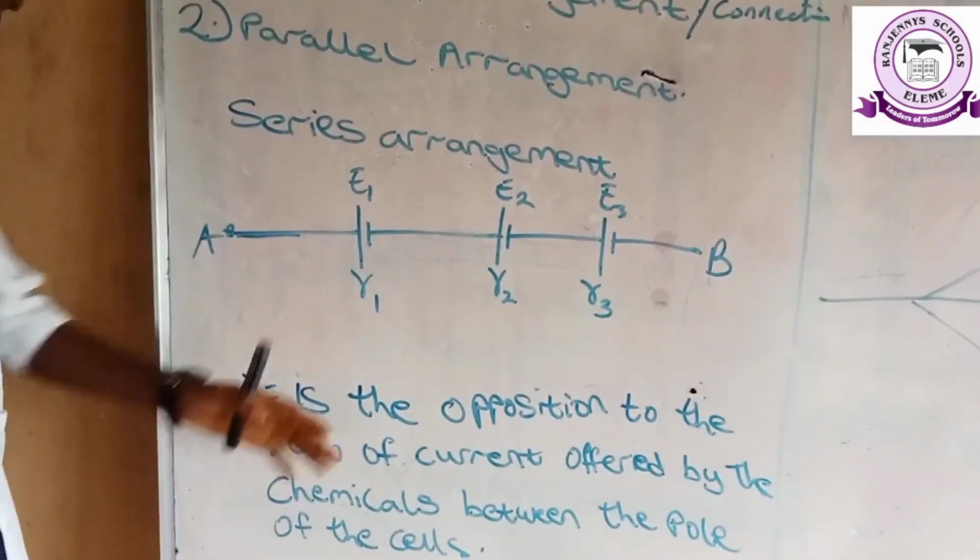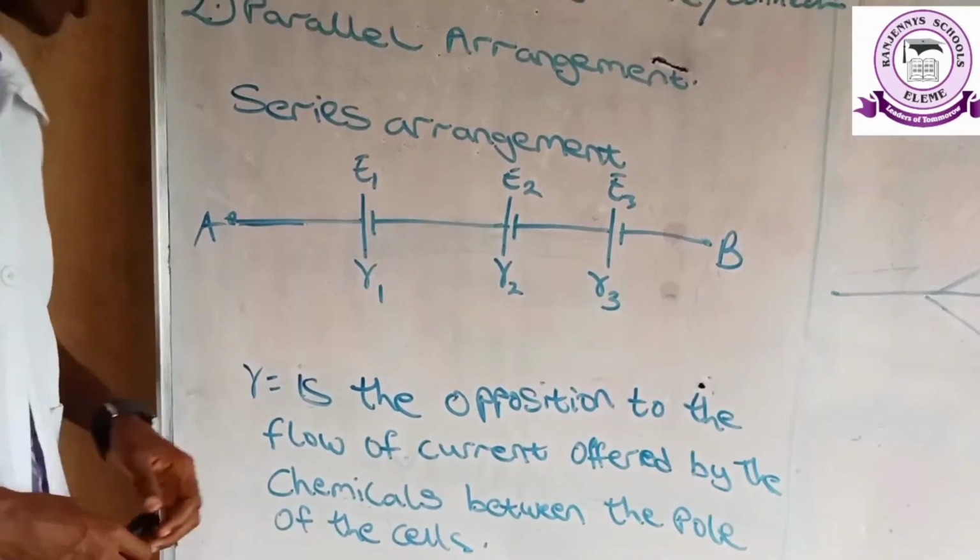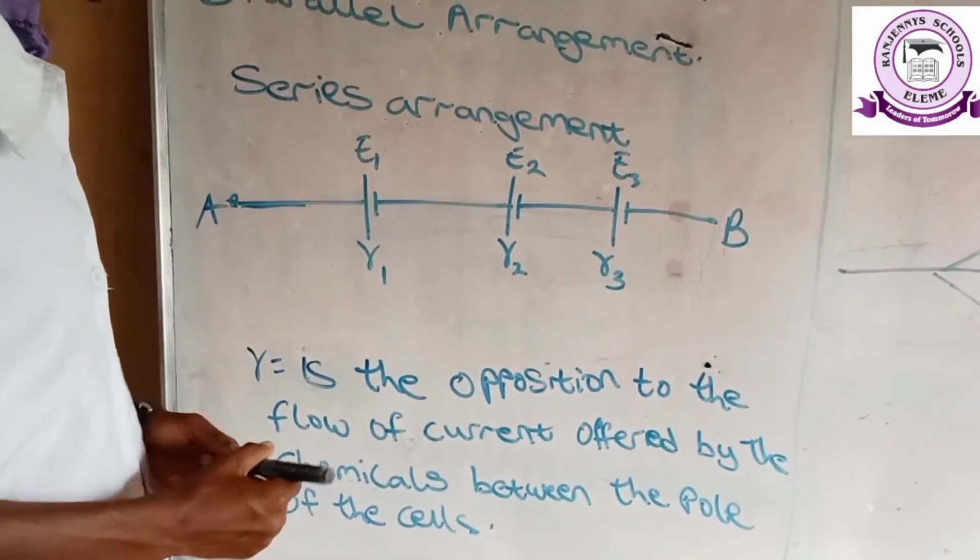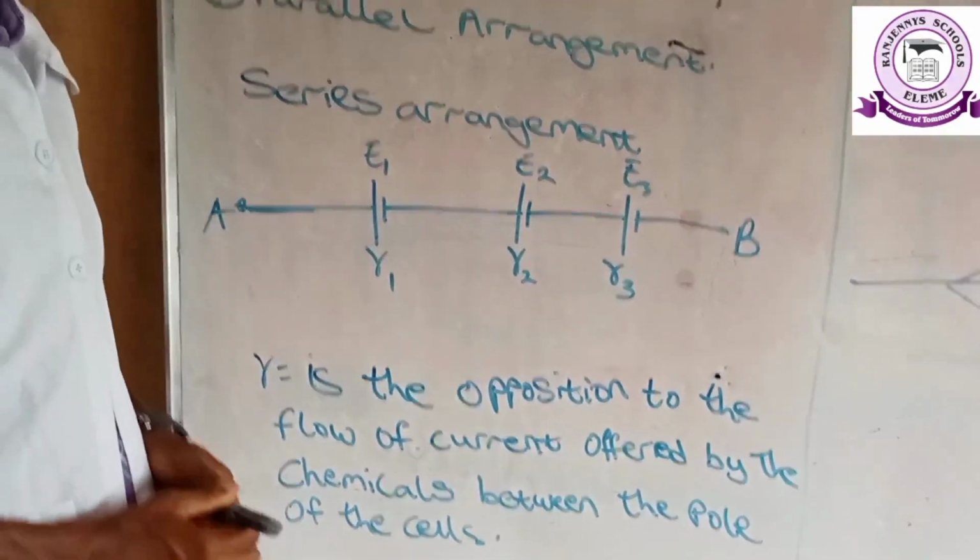Internal resistance is the opposition to the flow of current offered by the chemicals between the poles of the cell.